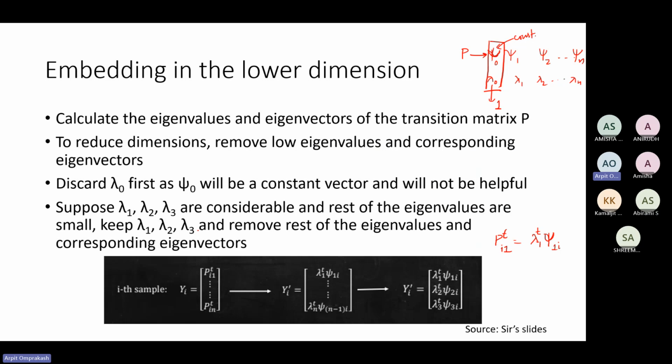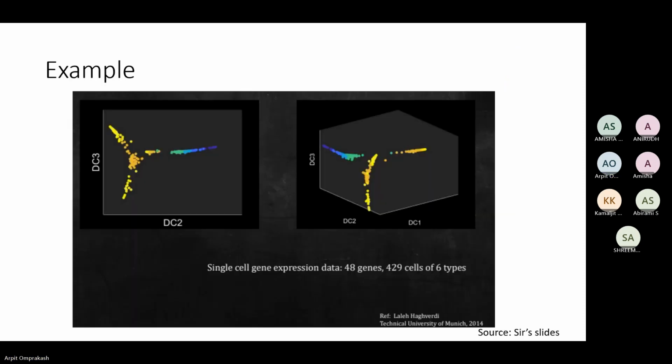So let's say we select these three, then we can represent our data in 3 dimensions from the original d dimensions, right? So now we just have these three, which represent our data in these 3 dimensions. And this will follow the diffusion distance, so the distance between these points will be approximately equal to the diffusion distance between them in higher dimensions.